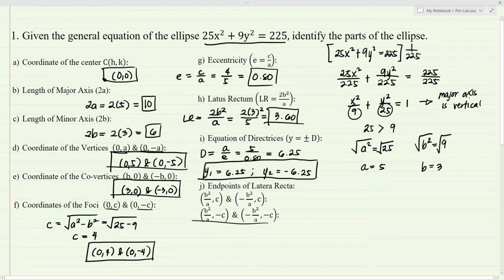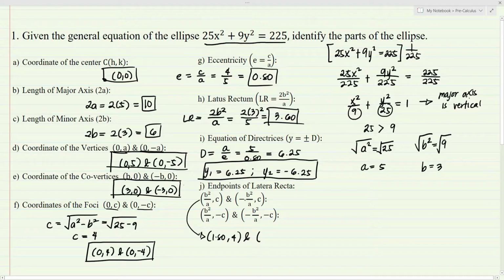Now, for the last part, we have here the endpoints of the latera recta. So, take note here, we have b squared over a, and b squared over a is just half of the latus rectum. Since we have here 3.6 as the latus rectum, its half would be 1.8. Therefore, the coordinates of the endpoints would be, the first one is b squared over a, that is 1.8, c is 4.